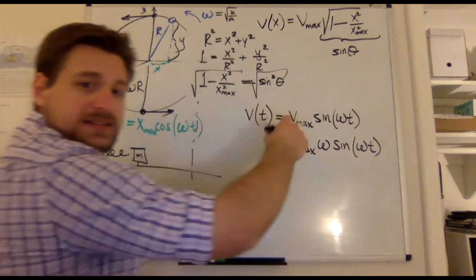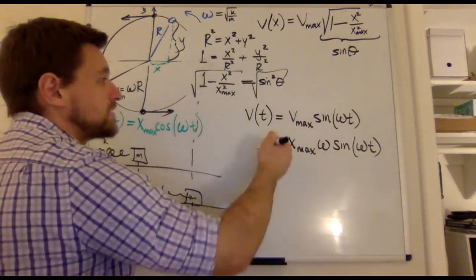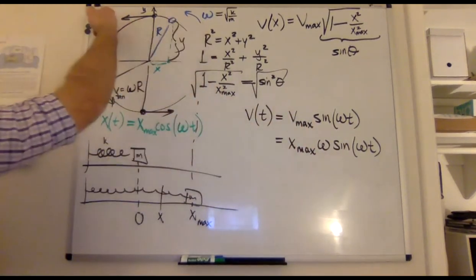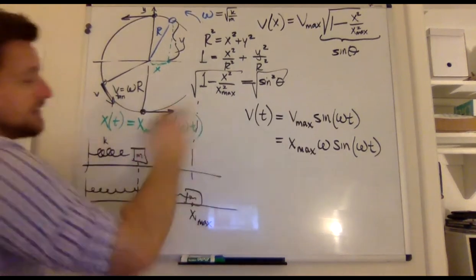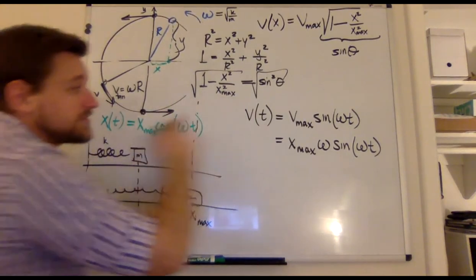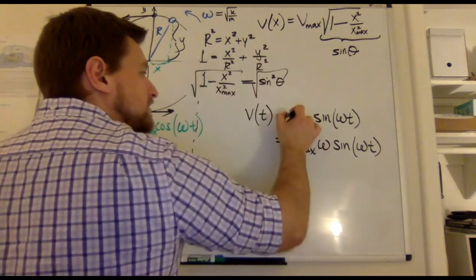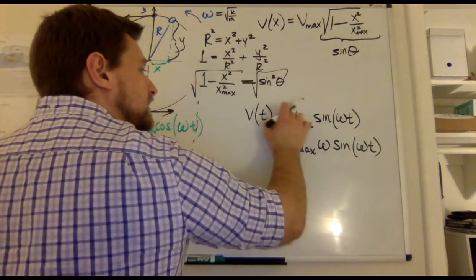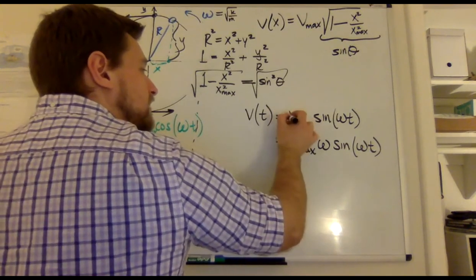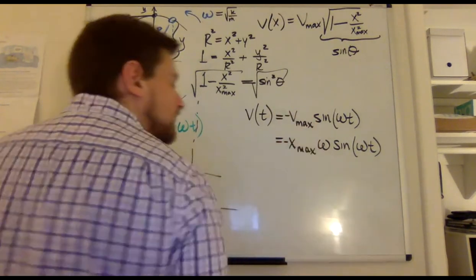There's a plus or minus thing going on here, those of us who are keeping track. And we know that because sometimes we're going to the left, sometimes we're going to the right. Technically, when we take the derivative of cosine, we're going to get a minus sign, but it's a little bit ambiguous. We got the plus and the minus. So we need that minus sign there to really get things to work out.